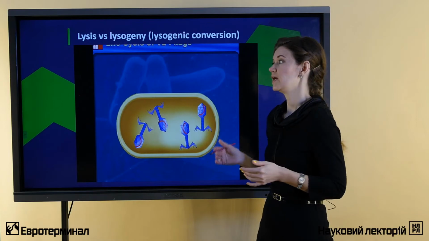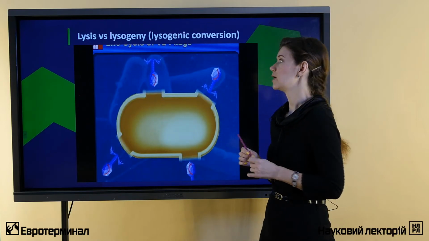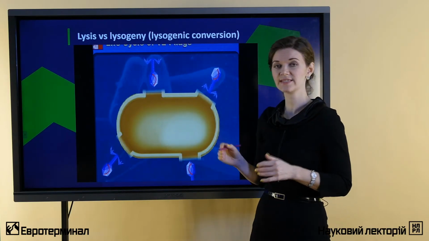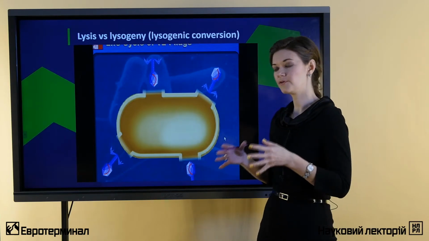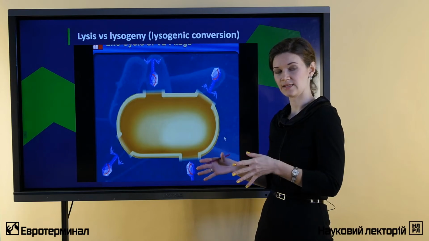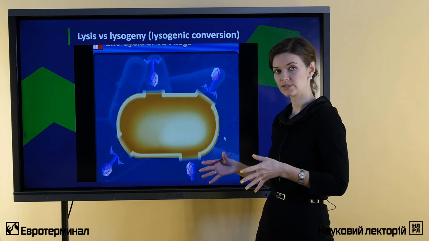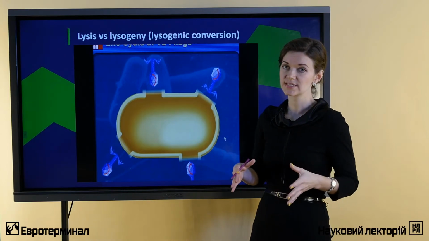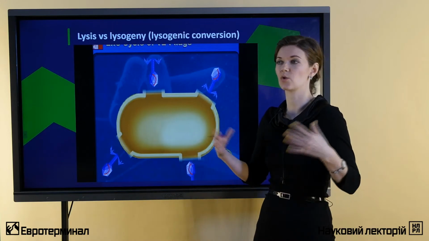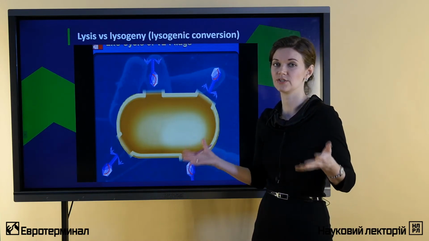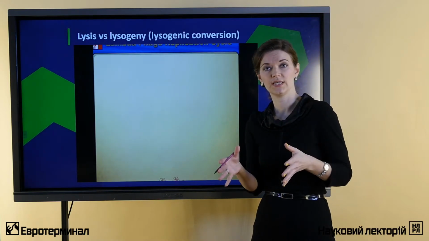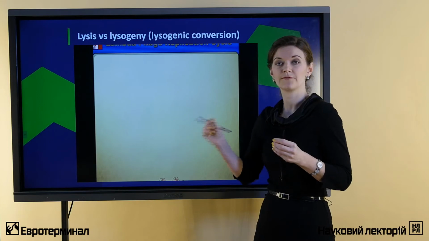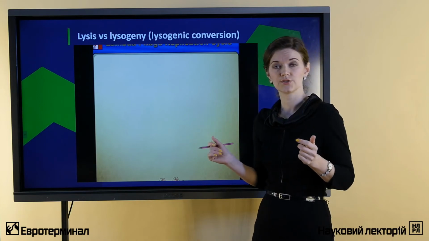So, when the decision is made and the state of lysogeny has started, we must remember about lysogenic conversion. This is the state of a cell which has a prophage. When the prophage stays within the cell, it can bring new genes to this cell. And these genes can change the abilities, the qualities, the characteristics of this bacteria. For example, if we have a pathogenic bacteria that received also a prophage, it can become resistant to antibiotics.